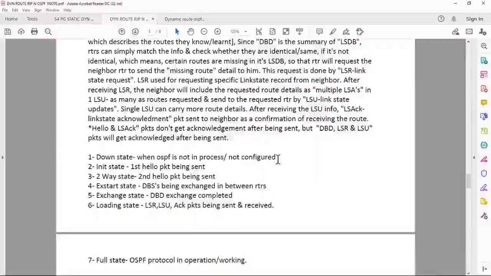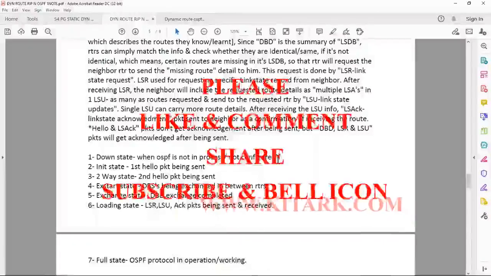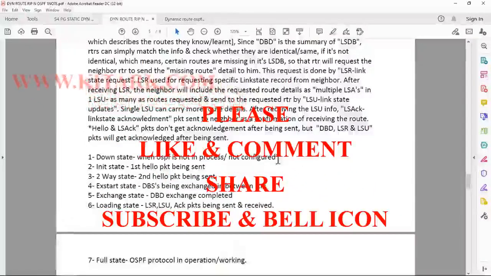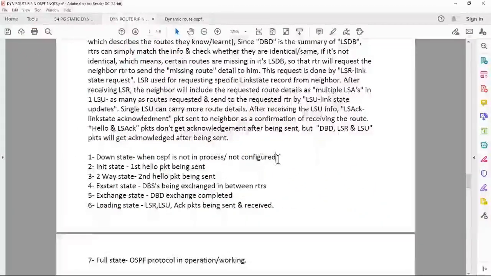And if the opposite router replies with another hello packet, when the 2 hello packets are exchanged, the routers are now in two-way state. So remember, initially down state, then one hello is sent and a second hello is received. Now the routers are in two-way state.